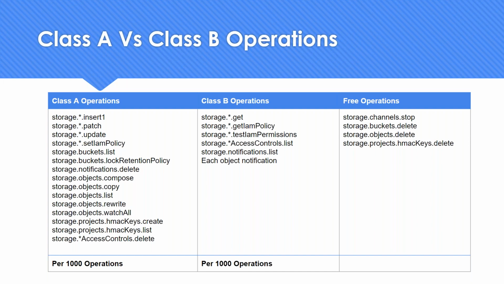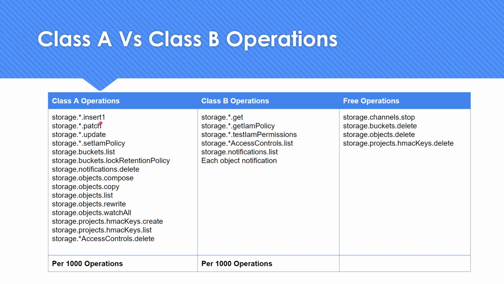So irrespective of any storage class which you are going to use, you need to pay for certain classes of operations which you are going to do. Class A, most of the operations are write operations or update operations. Storage.buckets.insert, something of that sort. When you do insert, there's going to be a cost. Storage.objects.insert, object insert.